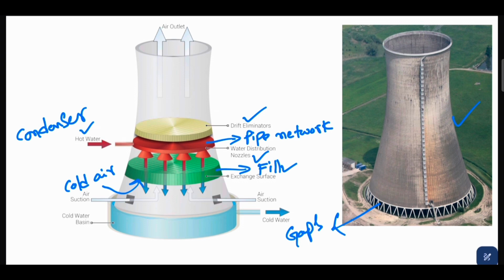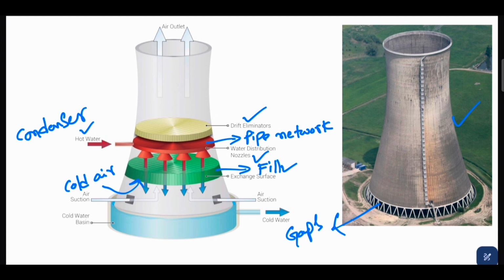Now when we don't use this film material, for example, assume there is no film material here. In that case, this hot water directly goes down into the reservoir, and not much cooling occurs. So the basic purpose of using this film material is that we are increasing the surface area of contact between the hot water and cold air.